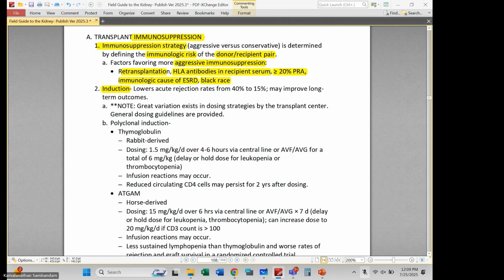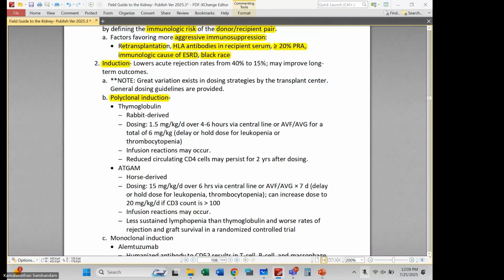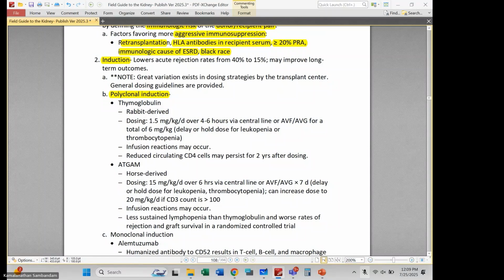So when we choose between the available induction agents, we can be driven by that determination of what is the immunologic risk and make decisions about whether somebody needs a more heavy-handed induction approach, which typically involves polyclonal induction. And we would even go further to say this is lymphocyte depleting polyclonal induction.